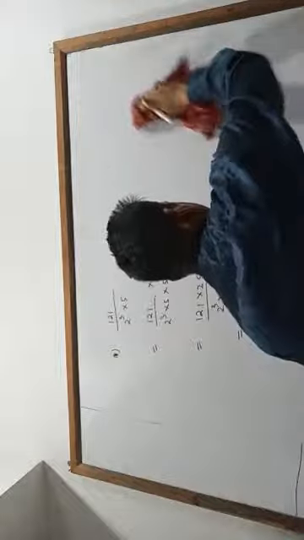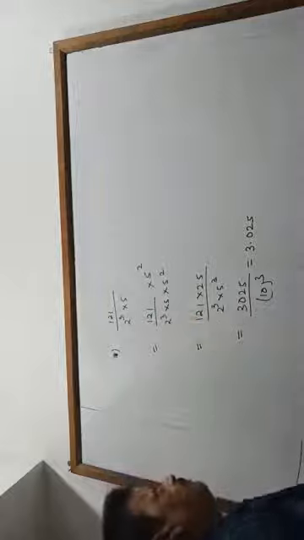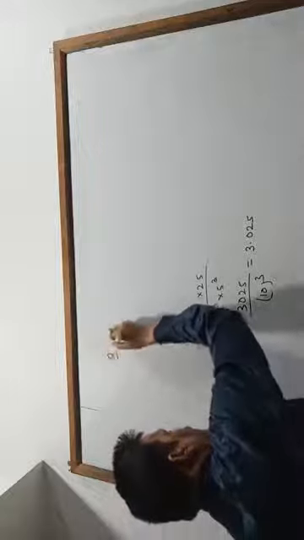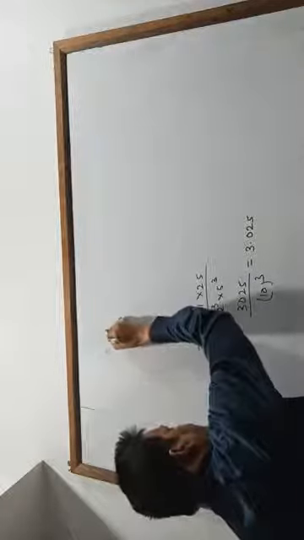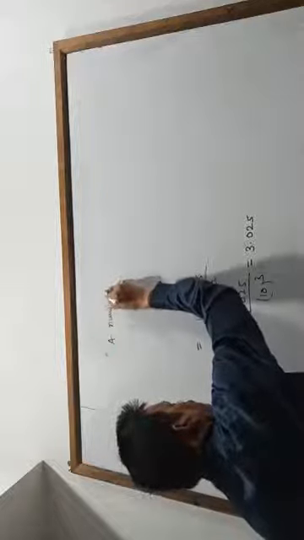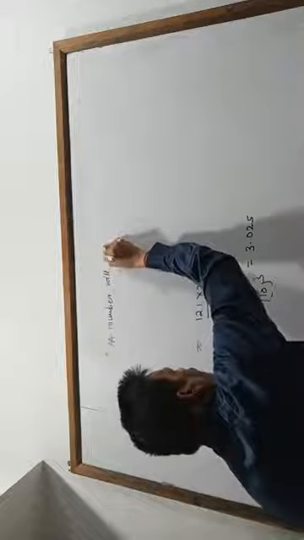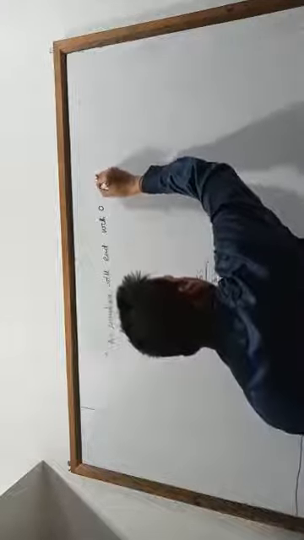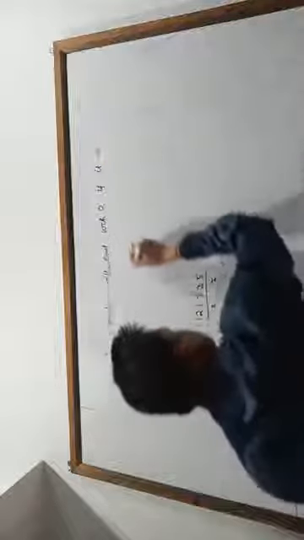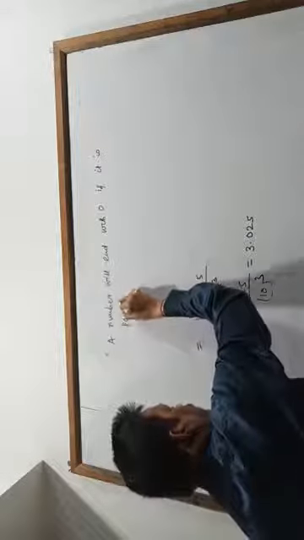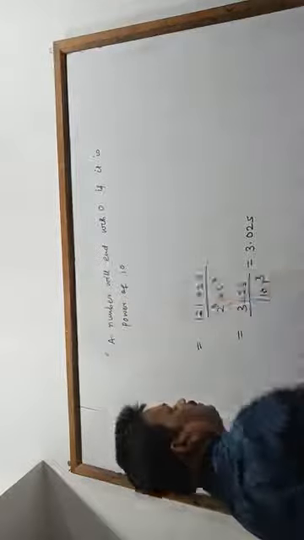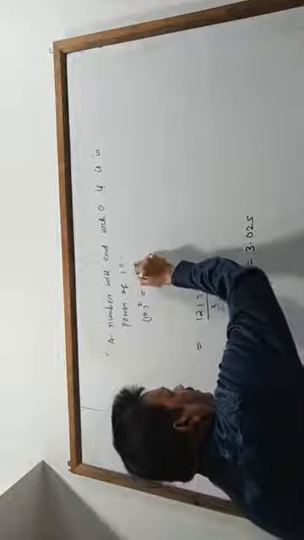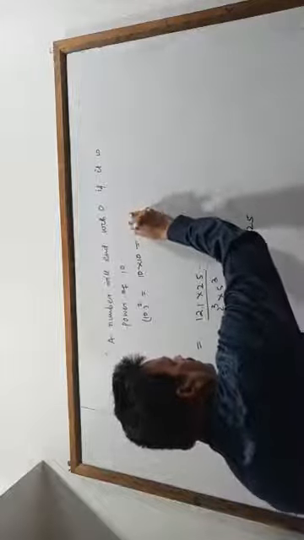Now I will ask here a different pattern like this. A number will end with 0 if it is a power of 10. Like suppose 10 square means 10 into 10, that is 100, ends with 0.